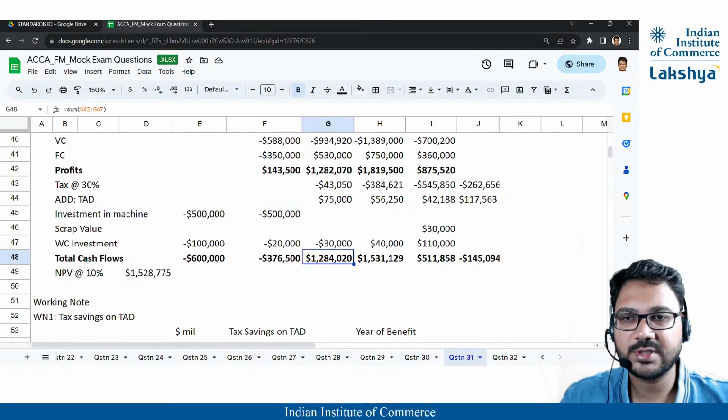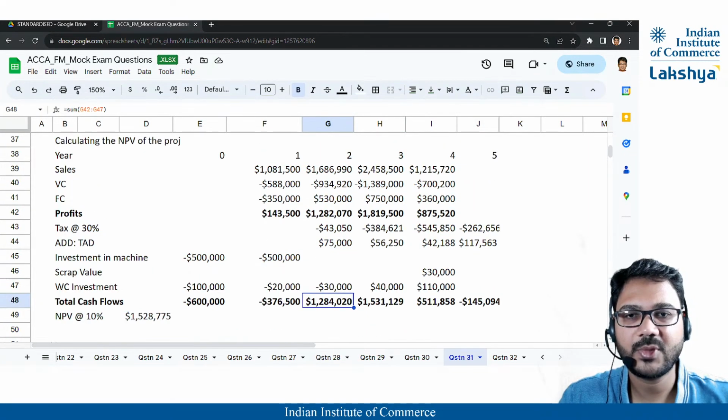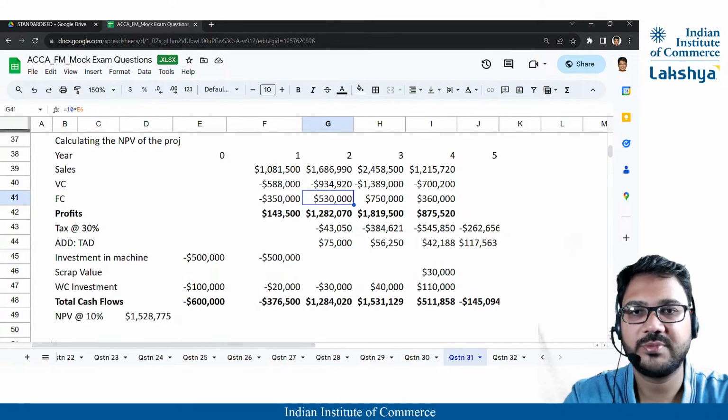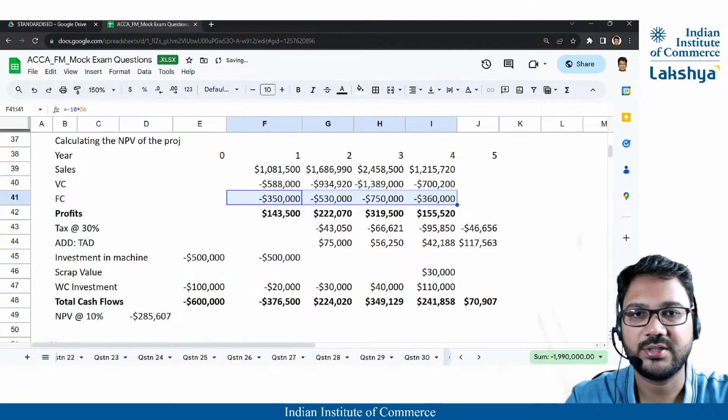Wait, just a moment. There's some error. I'm just trying to figure that out. Maybe there's some sign. Yeah, fixed costs. Okay. Fixed costs will be negative, which we did not take. Yeah.